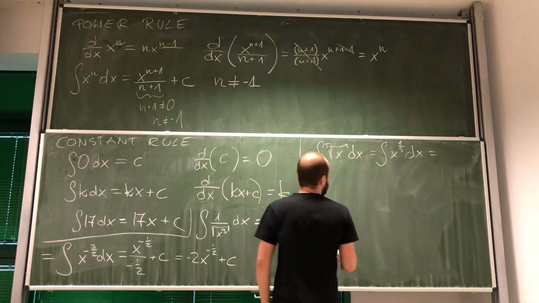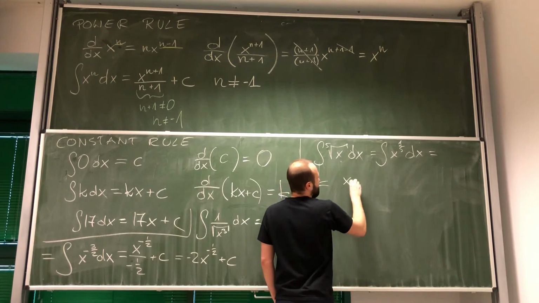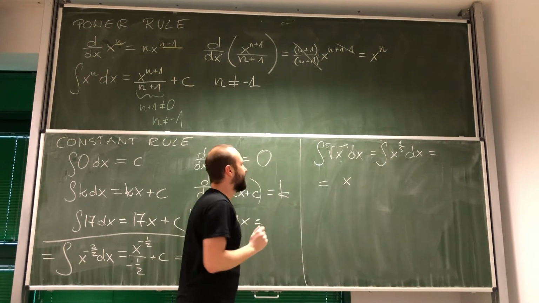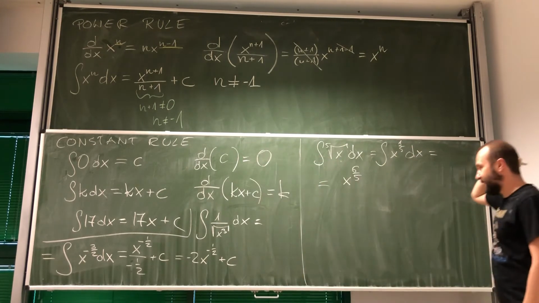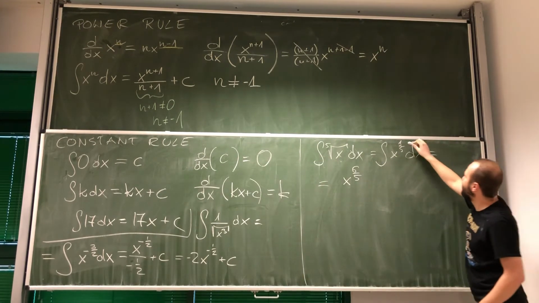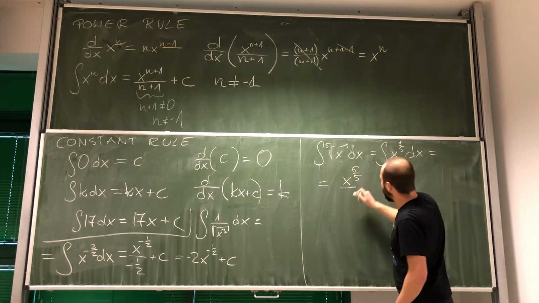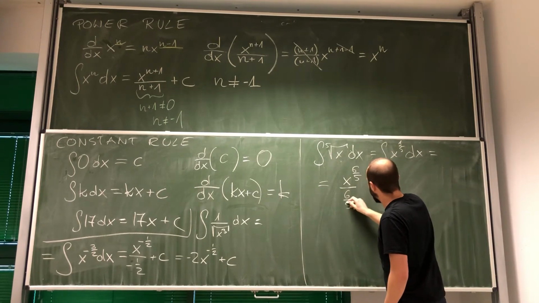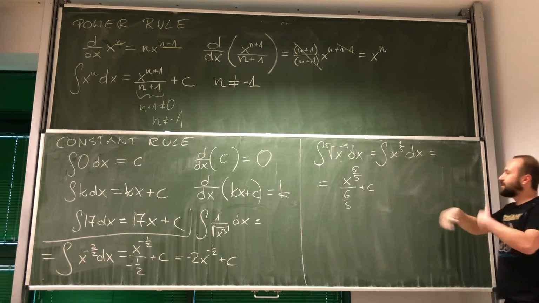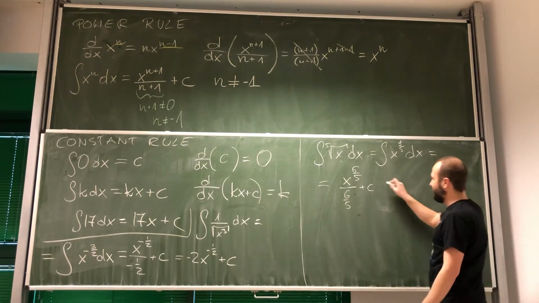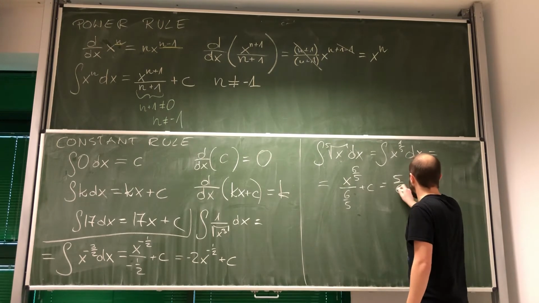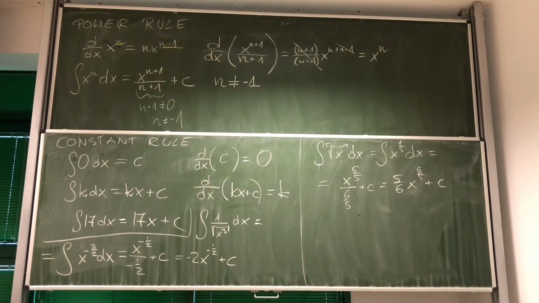And we get that this is x to the power 6 over 5. Remember, we are adding 1. Divided by 6 over 5 plus c. And look, this is a trick you also need to remember. If we divide by 6 over 5, it's the same as multiplying by 5 over 6. Now, 5 over 6 x to the power 6 over 5 plus c.